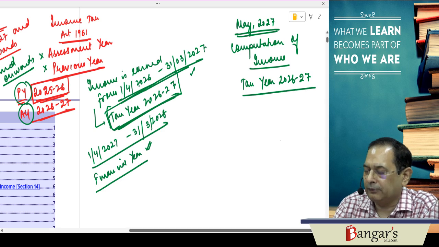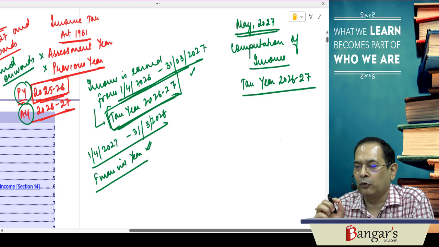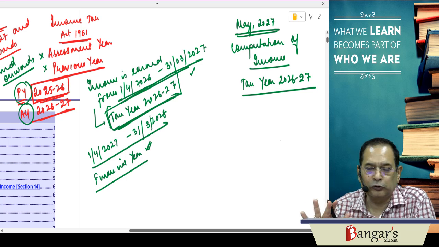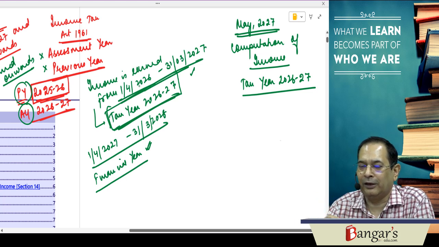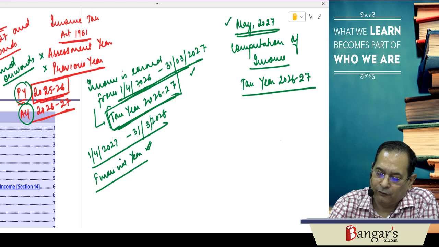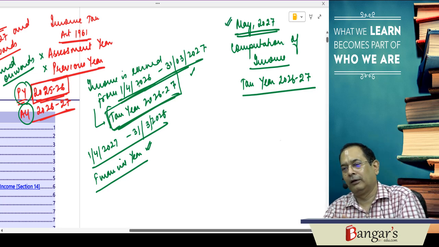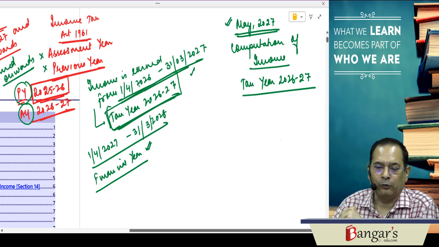So whatever income is earned by a person from 1/4/2026 to 31st of March 2027, the same will be taxed, and computations will be asked for the applicable tax year in May 27 examination and onwards.